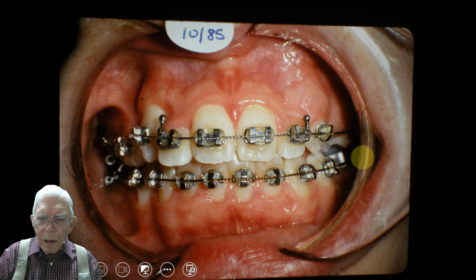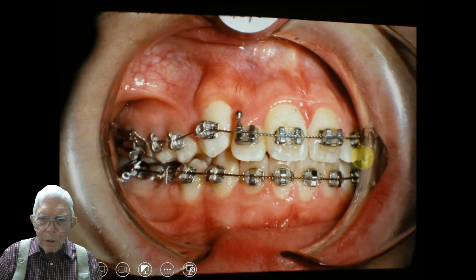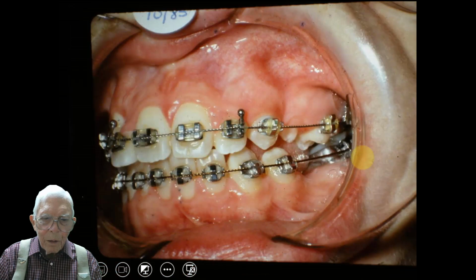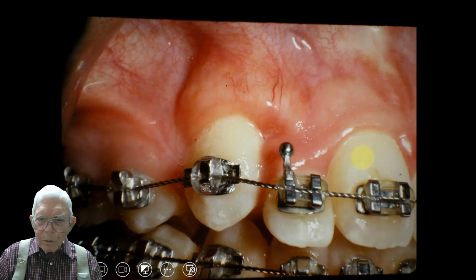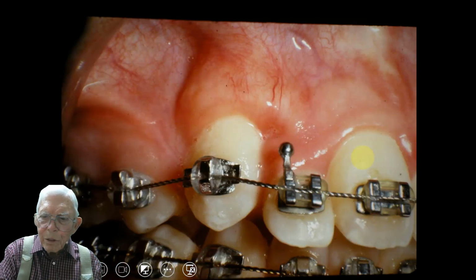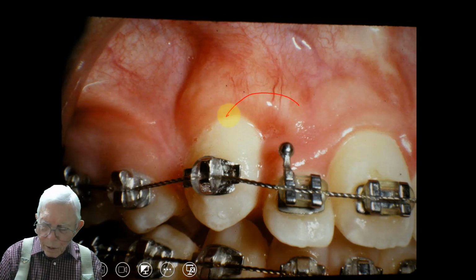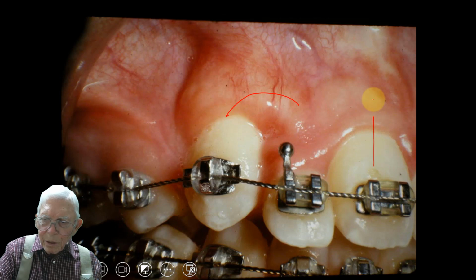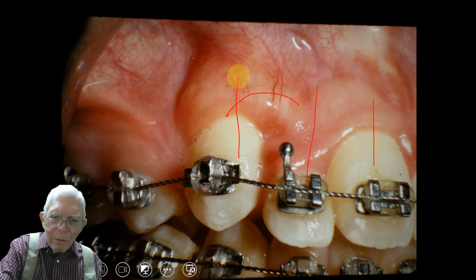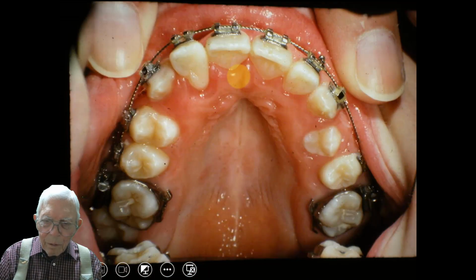Now here we are, '85. We're going to go back to just the facial pictures. That's lined up with a little flexible wire in here, and you can see we moved this lateral, this cuspid from over in between there, and then we straighten this tooth up, and everything lines up in there.